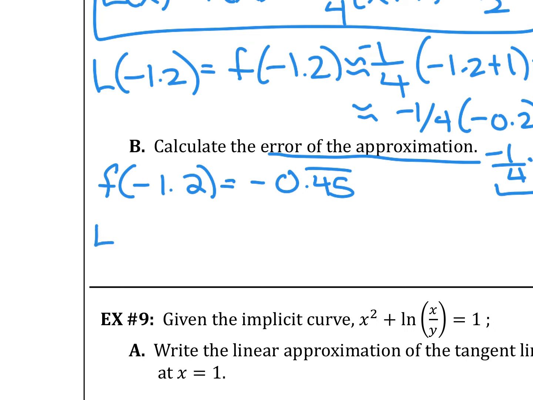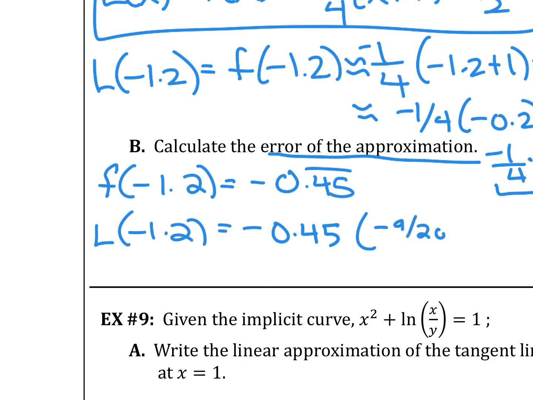Our linearization equation, L of negative 1.2, let's make a table, is just negative 0.45, which is also, I believe, negative 9/20. As a fraction, negative 0.45 is negative 9/20.